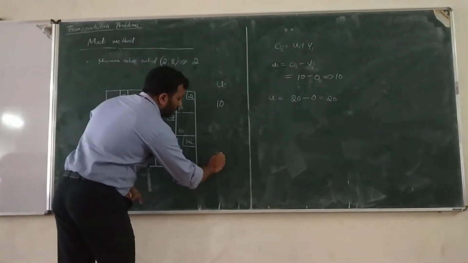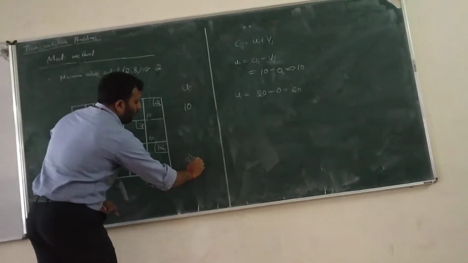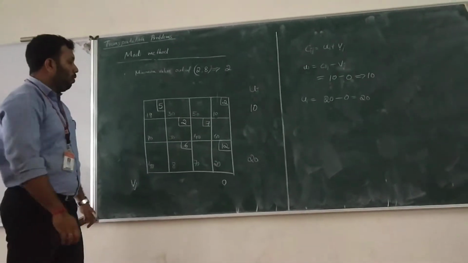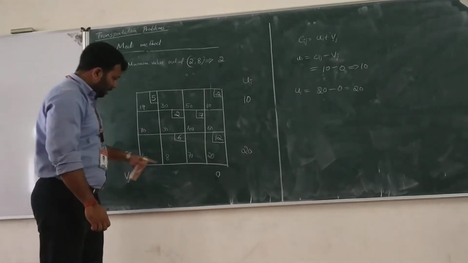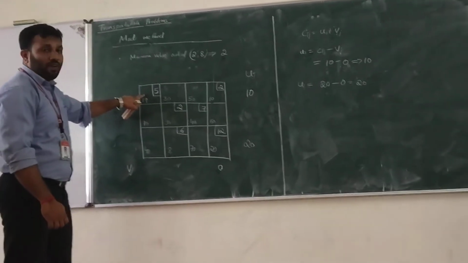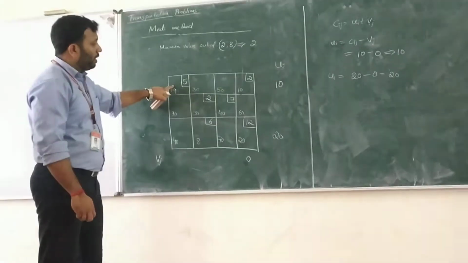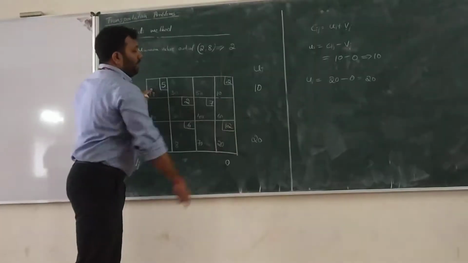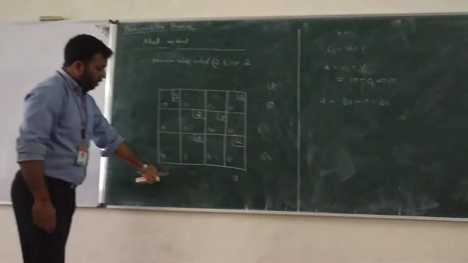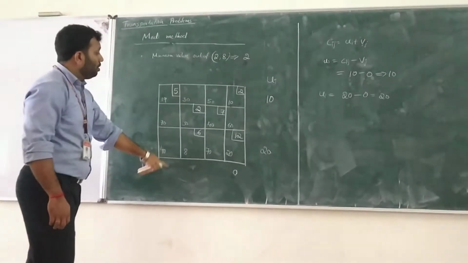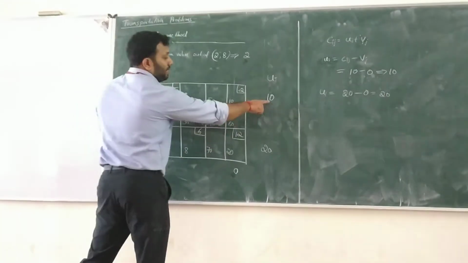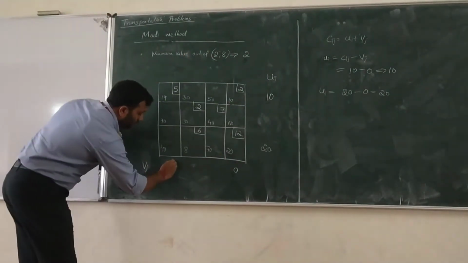So here I have got the UI value as 20. Now coming to this particular position, here I have the allocation and I have the value of UI. That is how you can find out the VJ value, 19 minus 10, so 9.